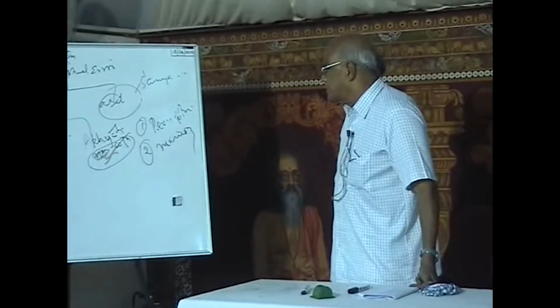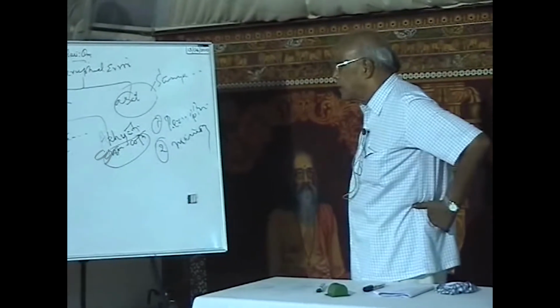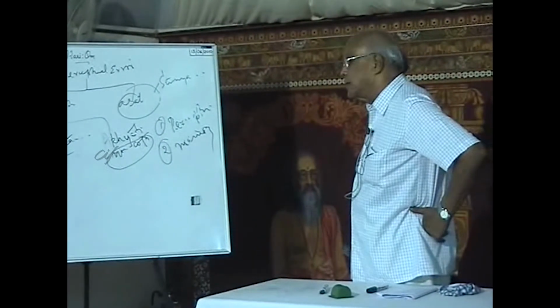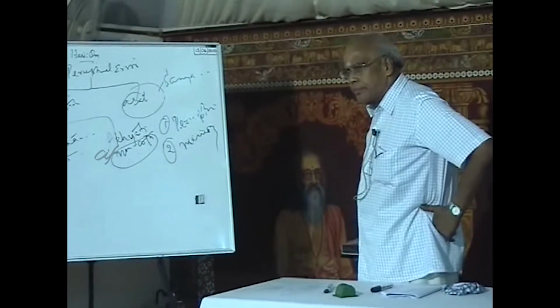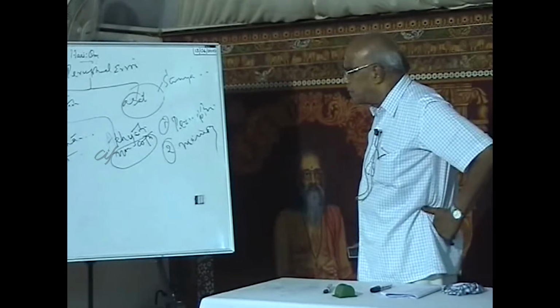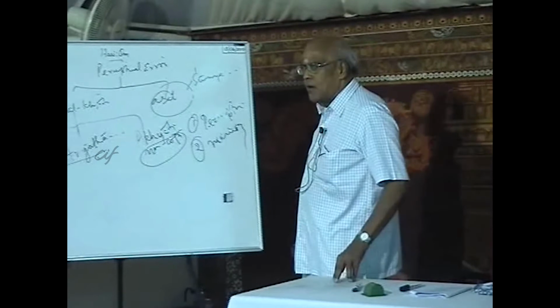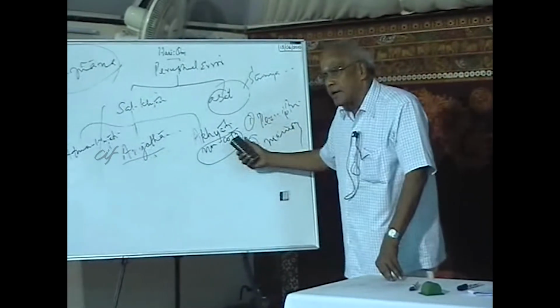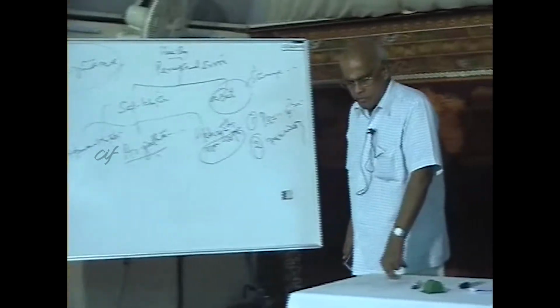So, asatkhyati of the Madhyamika Buddhist, Atmakhyati of the Vijnanavadin, Anyathakhyati of the Nyayika, with a slight modification, Viparitakhyati of the Bhattas, Akhyati of the Prabhakaras and the Sankhyas. So we have got four.